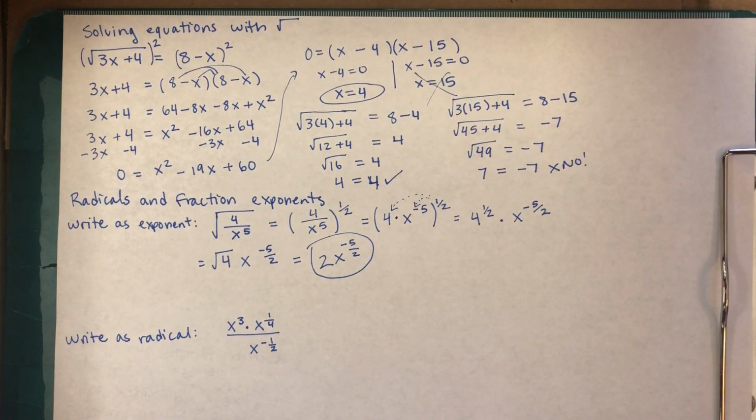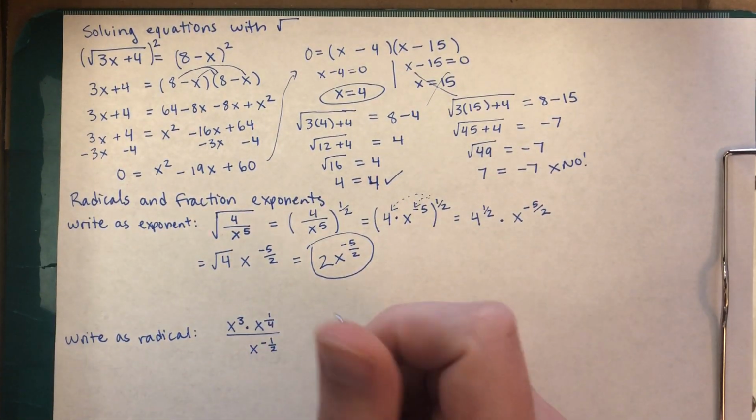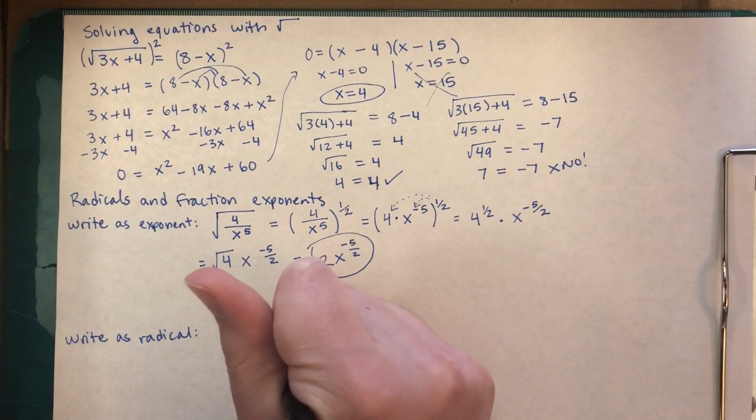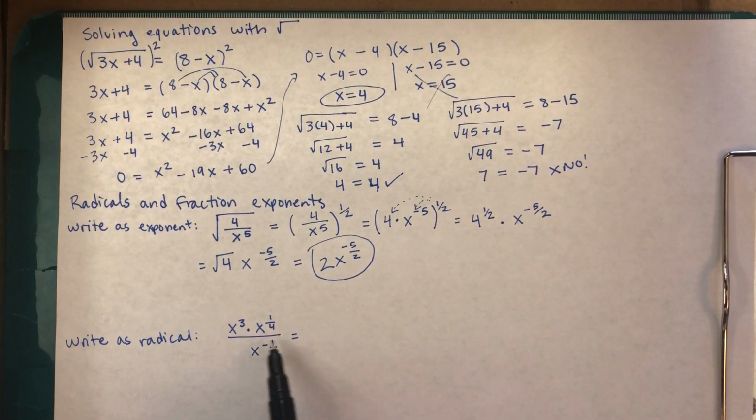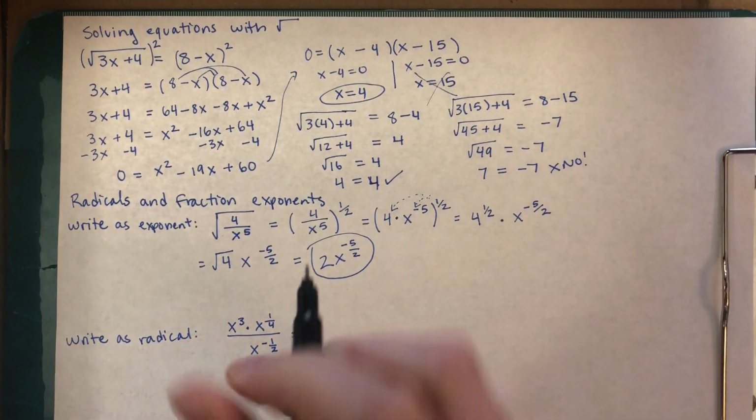Okay. Now let's go the other direction, where we start out with a bunch of exponents, and we want to use the exponent rules to combine them together and then write the answer as a radical. So the first thing I see is that I have a negative exponent.